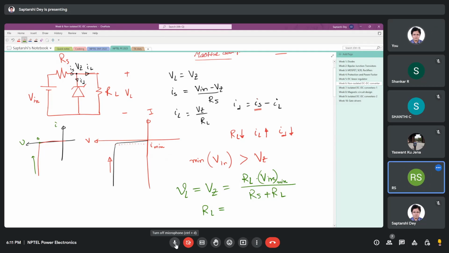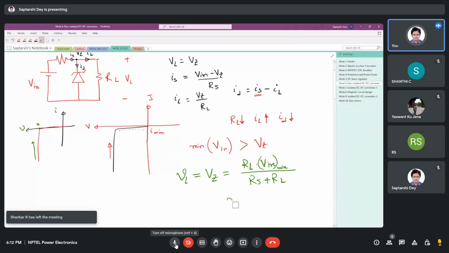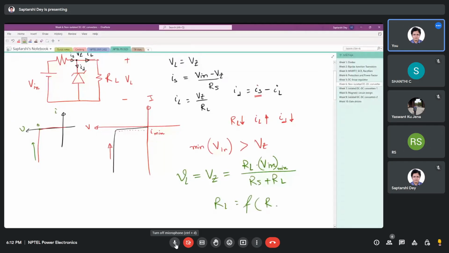Is it clear? Yes, sir. So if you calculate RL from here, you get RL as a function of RS and V in minimum.